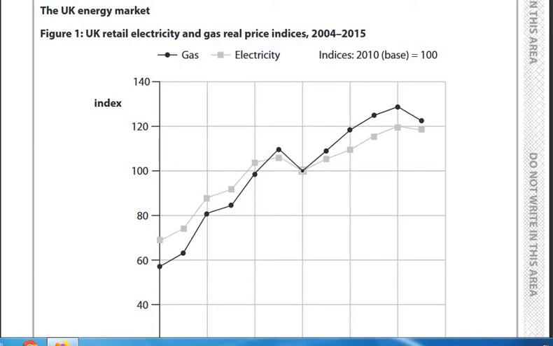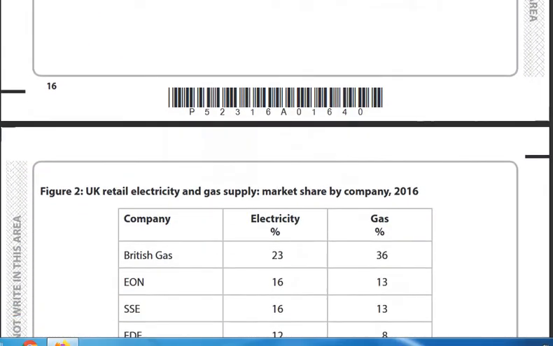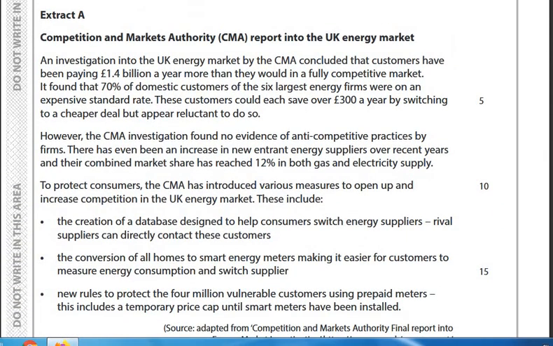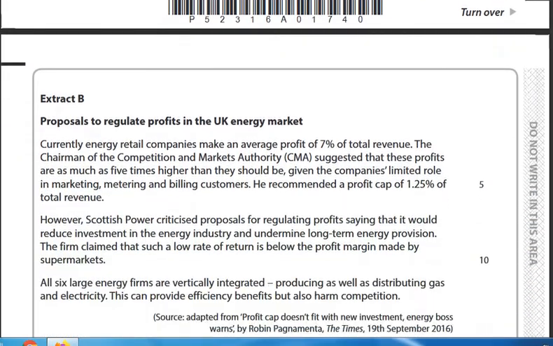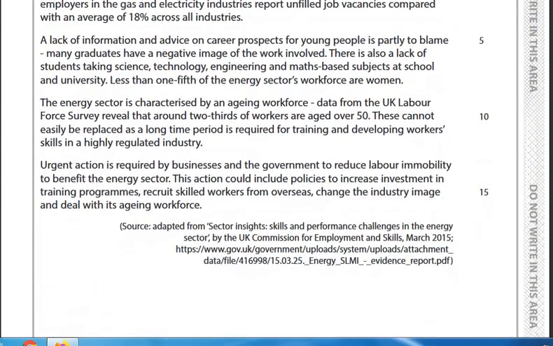So in this case, we've got the UK market for electricity and gas, some data, an extract. They expect you to use information from that extract. Second extract, a third extract.